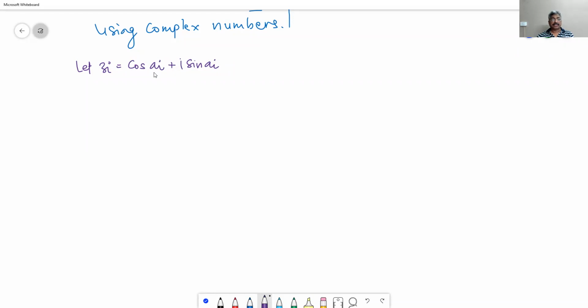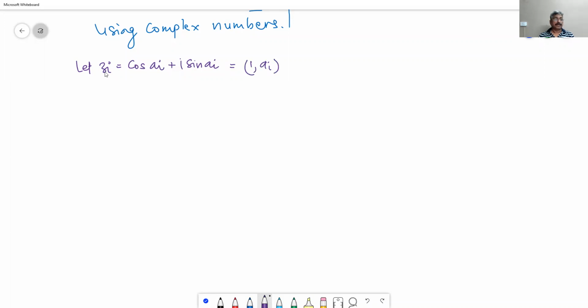Zi is equal to cos Ai plus i sin Ai. That is (1, Ai), the polar representation of this complex number, correct?